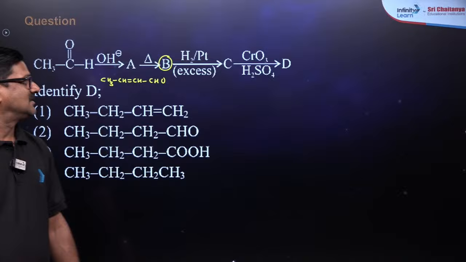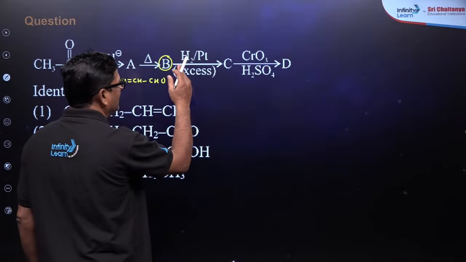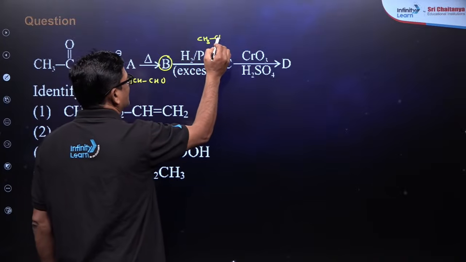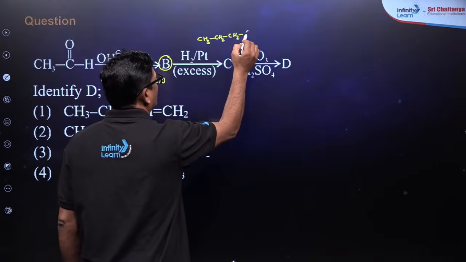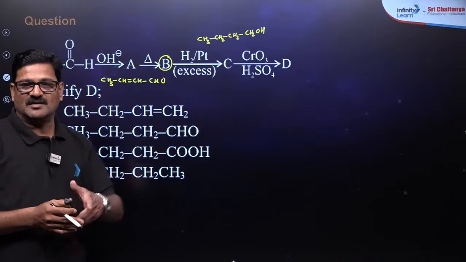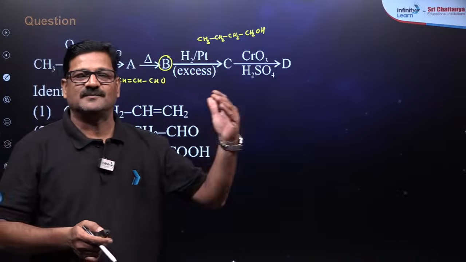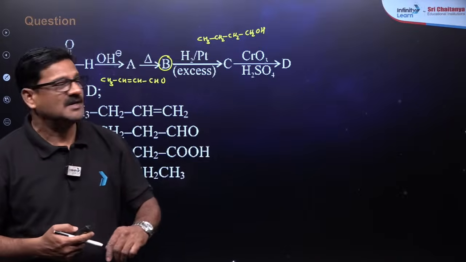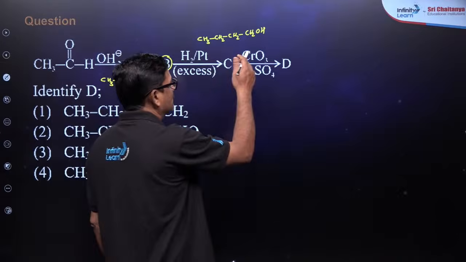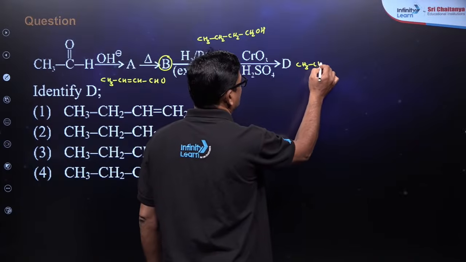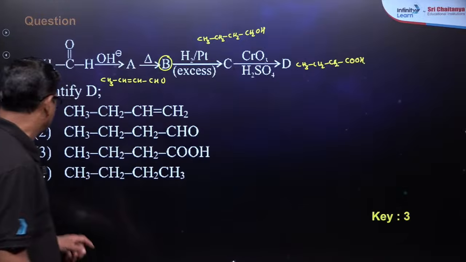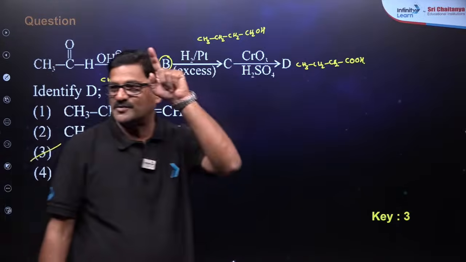Now, if it is treated with Pt and H2, you are going to get CH3CH2CH2CH2OH, with Pt or Pd and excess H2. The double bond is also hydrogenated and the aldehyde is reduced to give primary alcohol. With CrO3 and H2SO4, you are going to get CH3CH2CH2COOH, carboxylic acid. The answer for this question is going to be option 3.